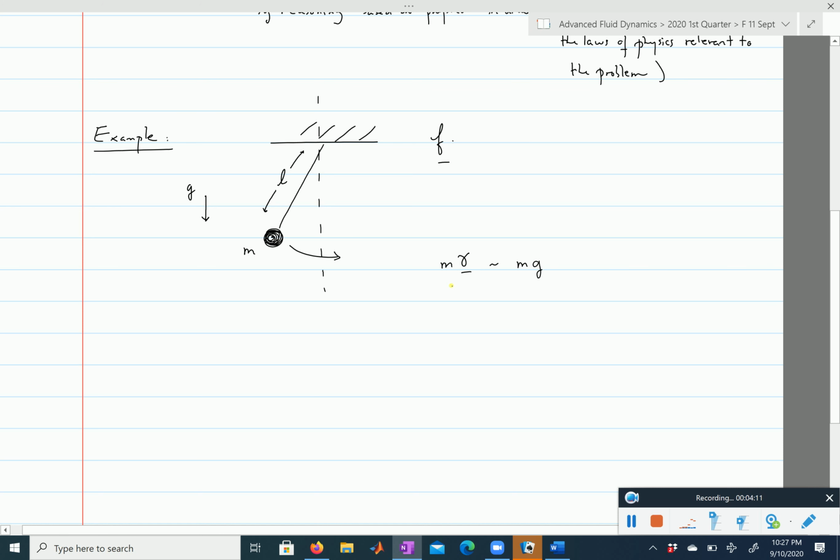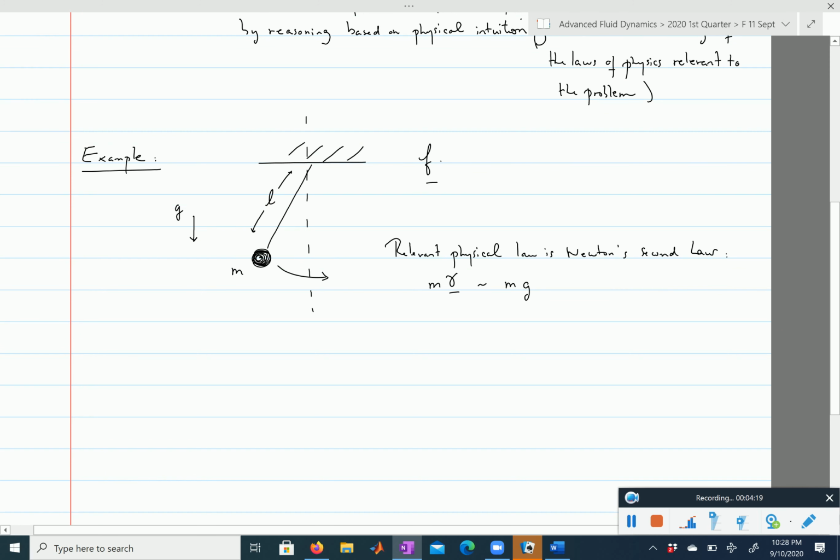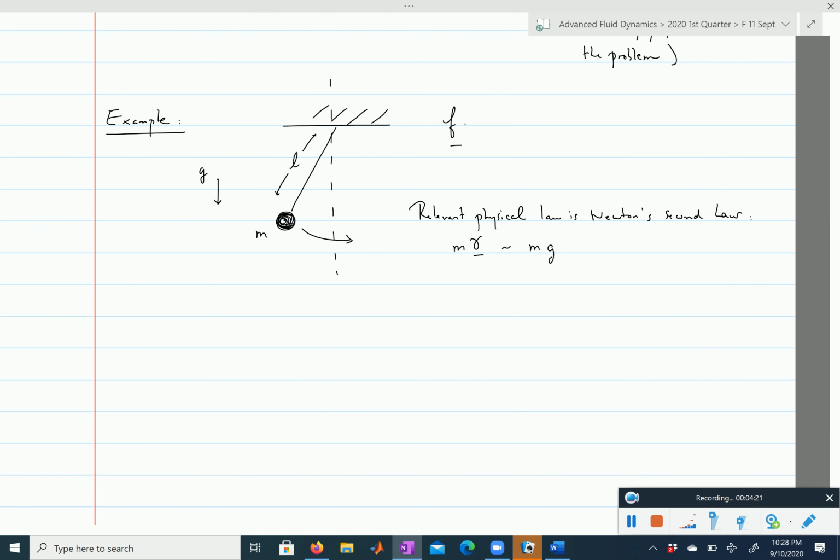Now we need a scaling for the acceleration. So how does the acceleration scale? The acceleration represents the rate of change with time of the velocity, and the velocity is the rate of change with time of the position.